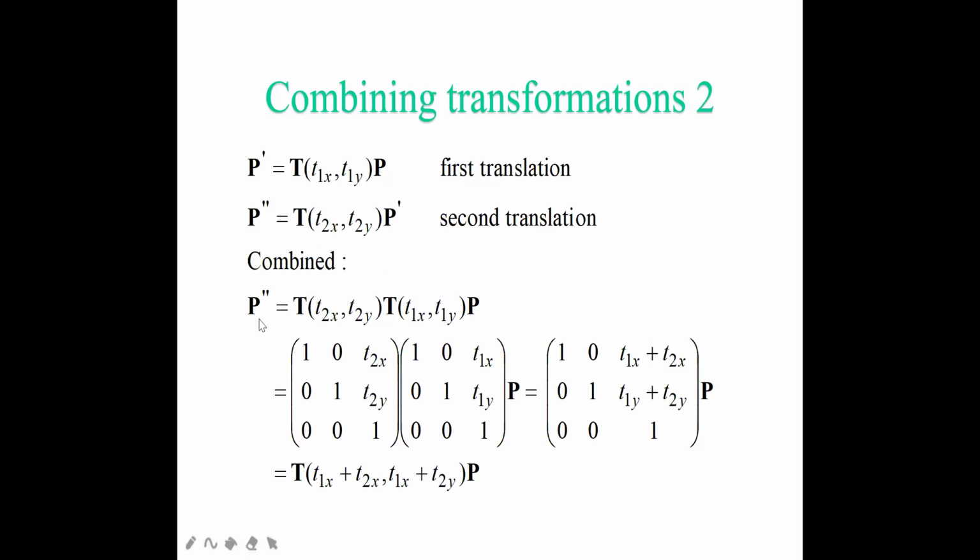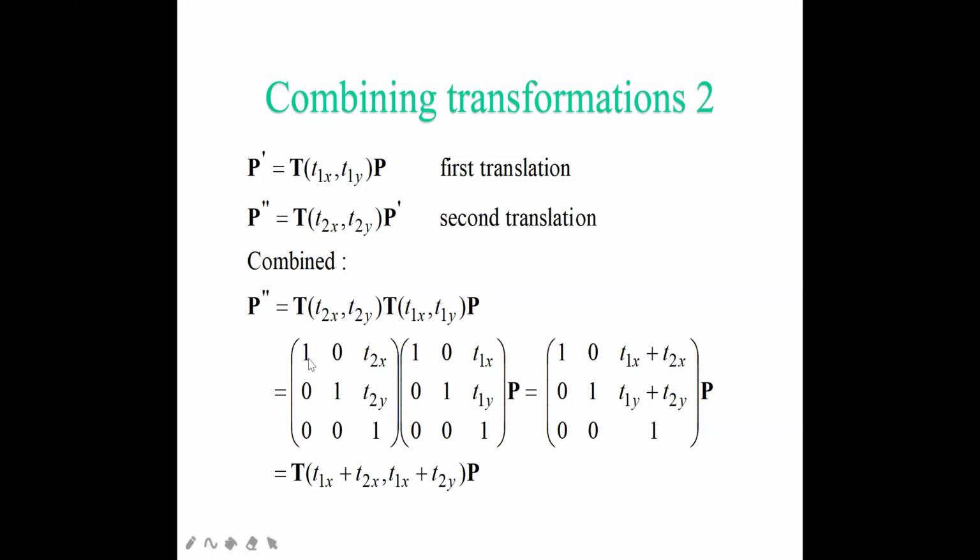If I combine it, I will get P double dash. This is a value, let it be kept silent, don't touch this. Next, instead of the P dash value, I'll put T of T1x comma T1y into P. Same thing I have written here. Now next I have to represent it in matrix form. I know how to represent it in the translational way, right?